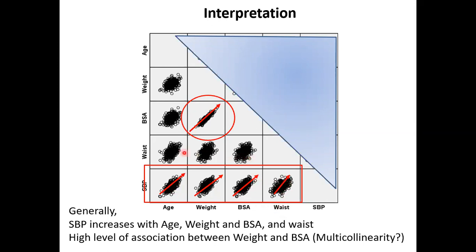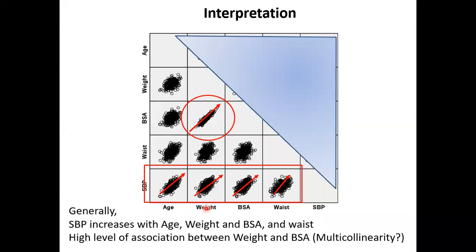Now on this side, beyond this red box here, this is the connection between the independent variables. For example, this is weight and age. This is body surface area and age. This one is waist and age. Now look at this one particularly. Body surface area and weight.